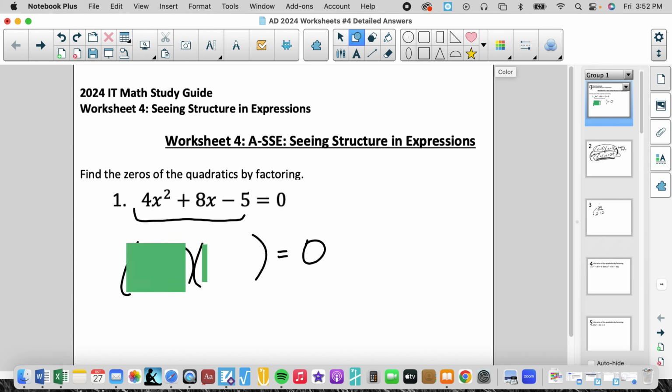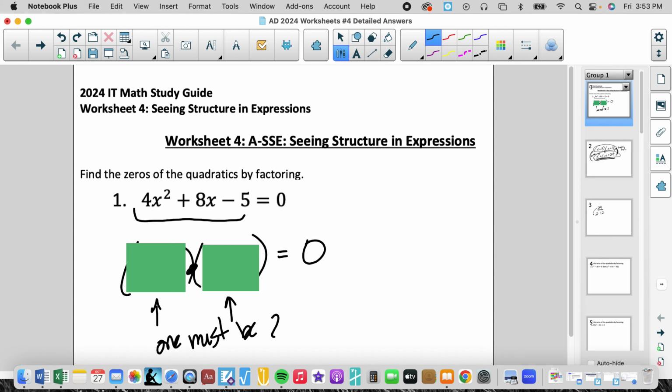If we have two boxes, two unknowns that are multiplying each other, that produce 0, what do we know? That one of these must be 0. That's the only way you can get 0 through a product of two numbers.